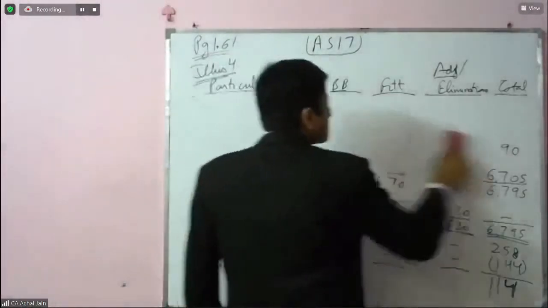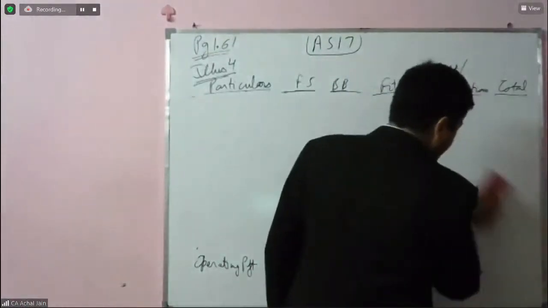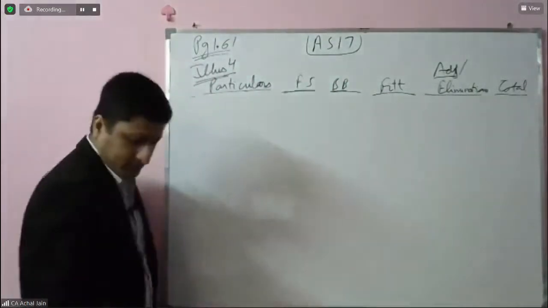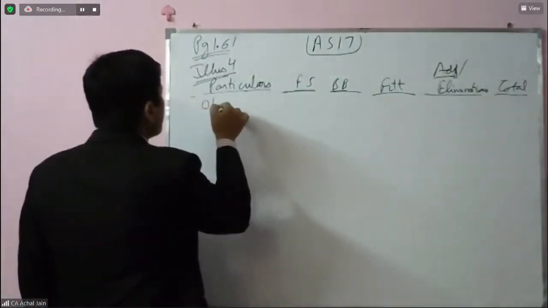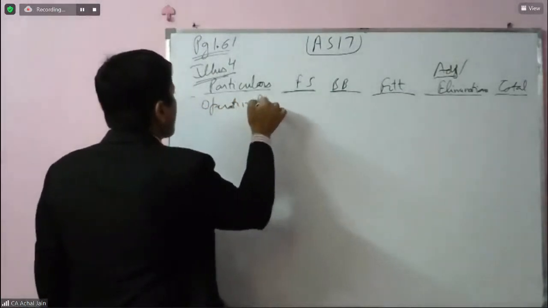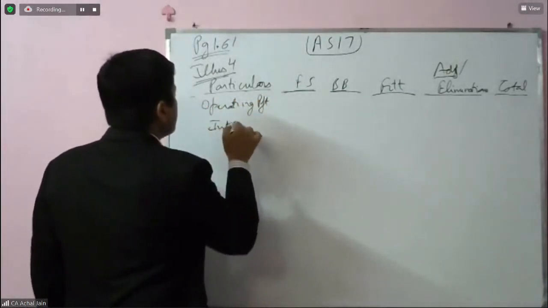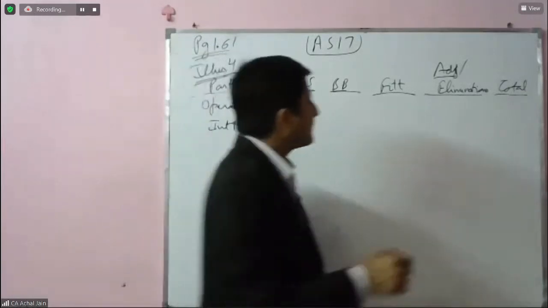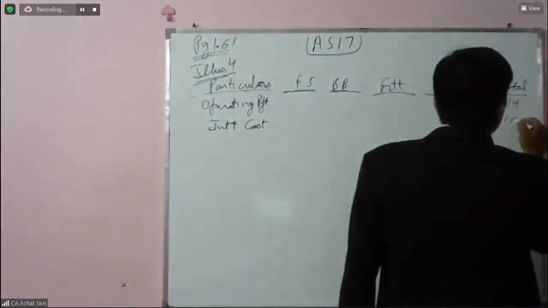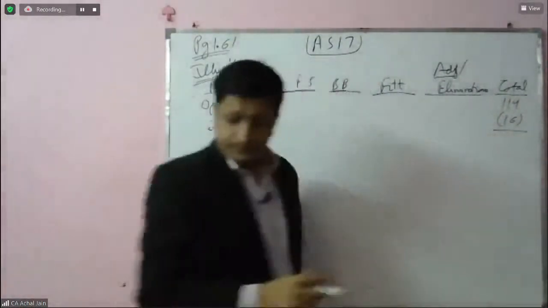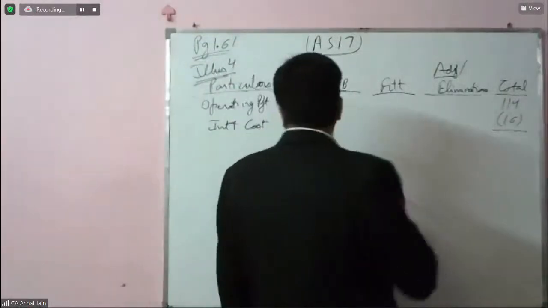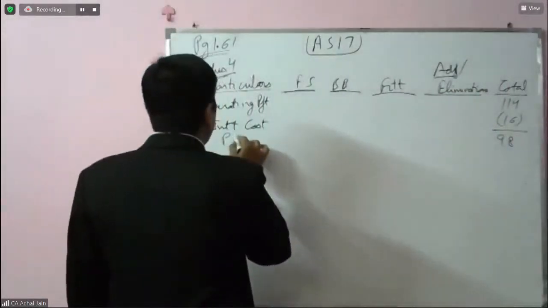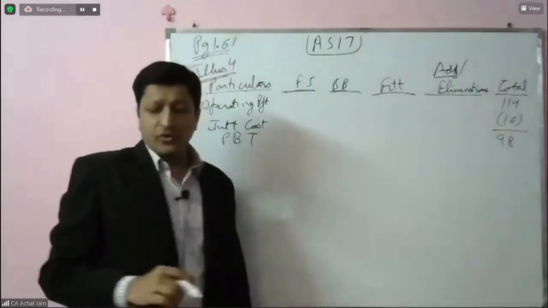I'm just doing this for the purposes of space. So we get this information of operating profit, of the interest cost. Operating profit is 114. Interest cost is 16. So what do we get? So we get 98. 98 is the PBT, profit before tax.